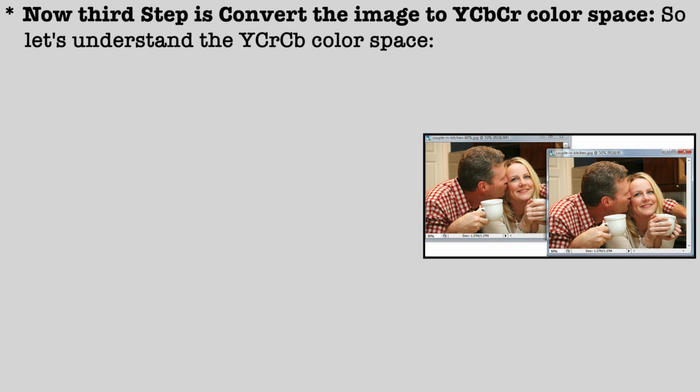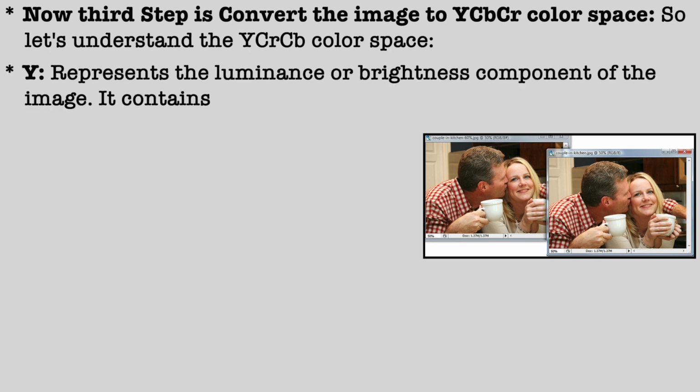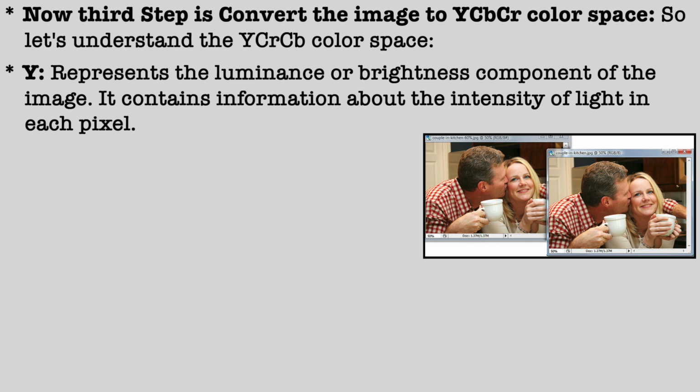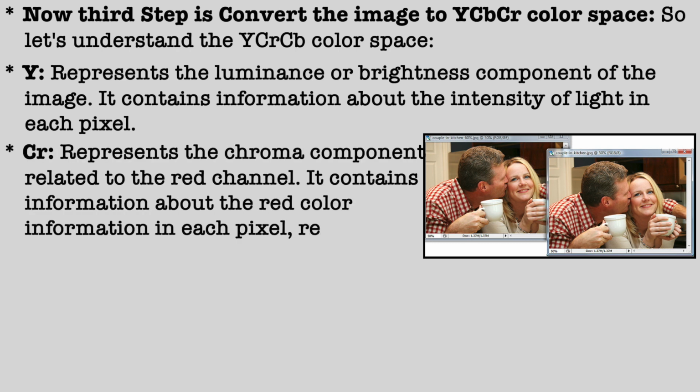Now, the third step is to convert the color image to the YCbCr color space. Let's understand the YCrCb color space. Y represents the luminance, or brightness, component of the image. It contains information about the intensity of the light in each pixel. Cr represents the chrominance component related to the red channel.